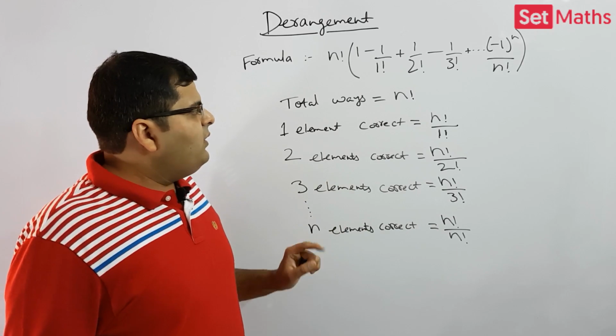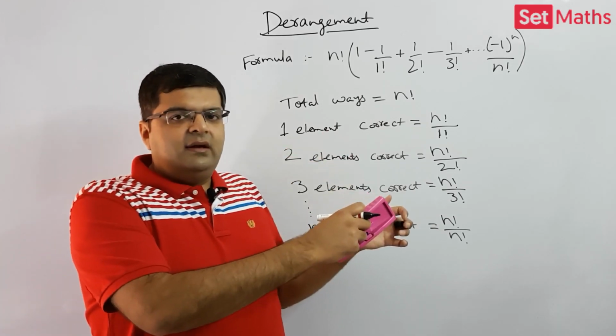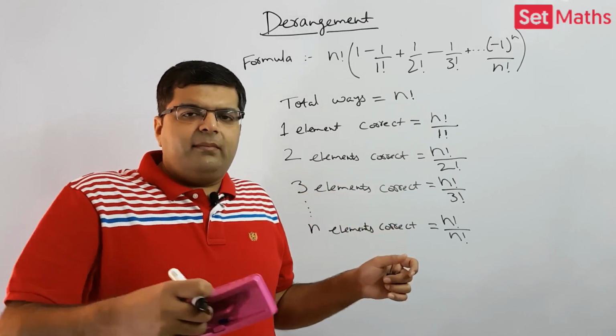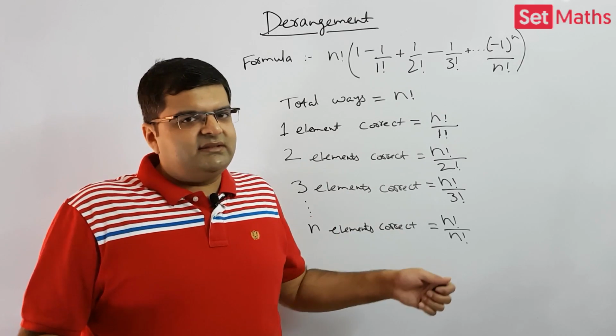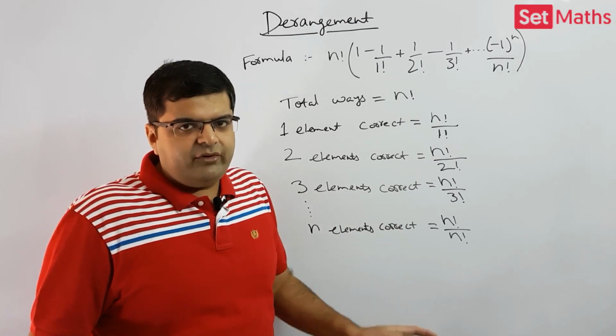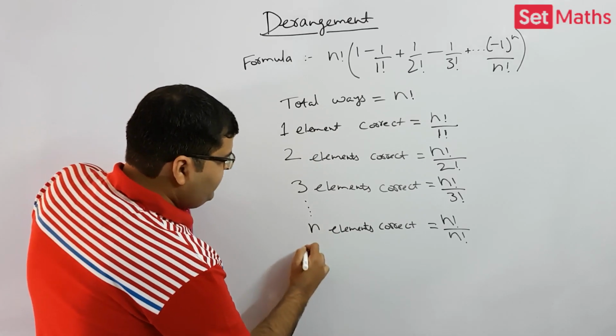Now if you look at it, derangement will be total ways, then I have to deduct the number of ways wherein arrangements happen wherein at least one of the elements is at the correct place. So total ways is n factorial.